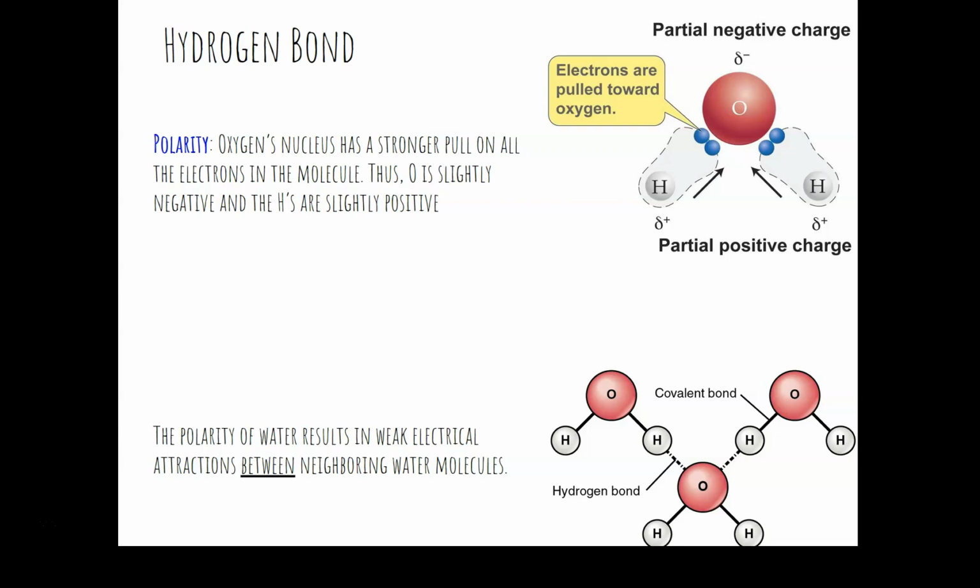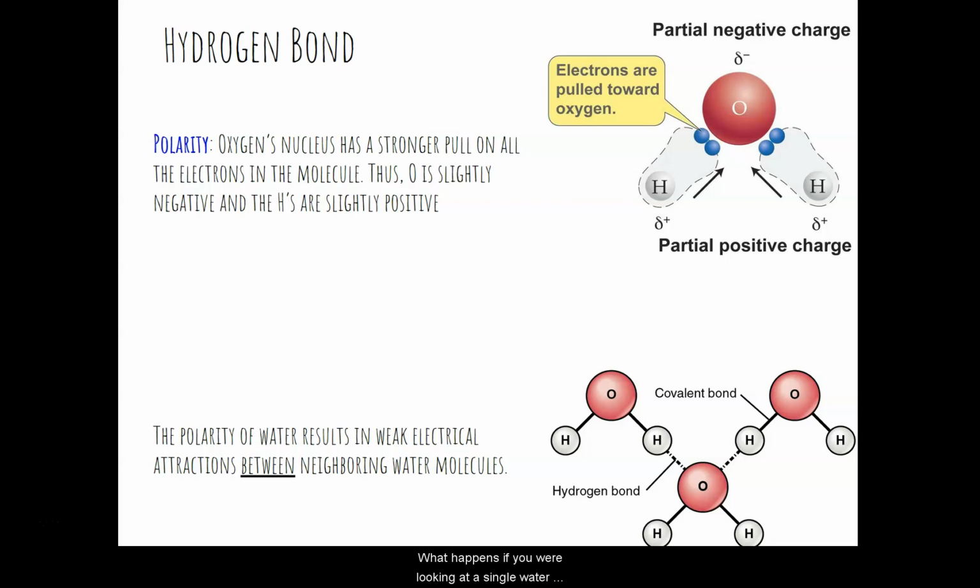And as a result, its ability to pull electrons towards itself is stronger than hydrogen. So we would call oxygen an electronegative atom because it pulls those electrons towards itself and it makes itself slightly negative. So the symbol above the oxygen is delta negative, and that means a partial negative charge.